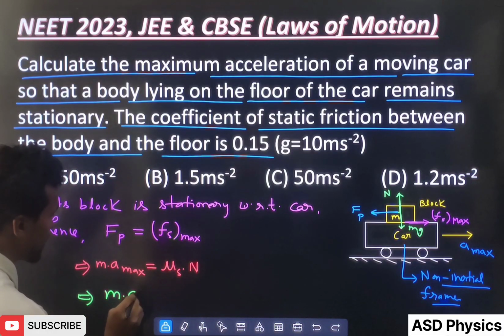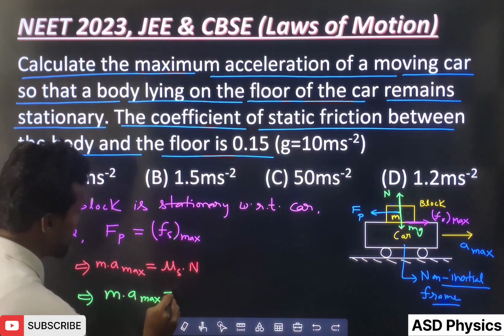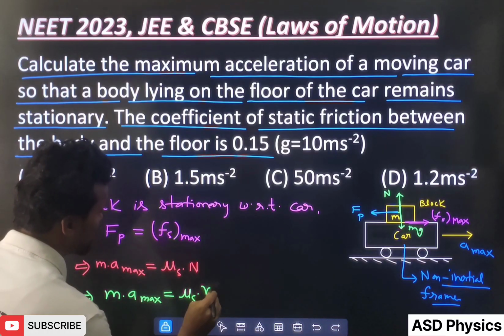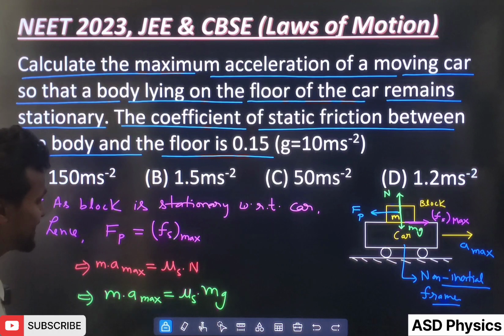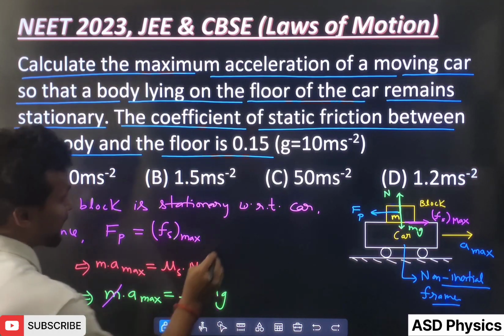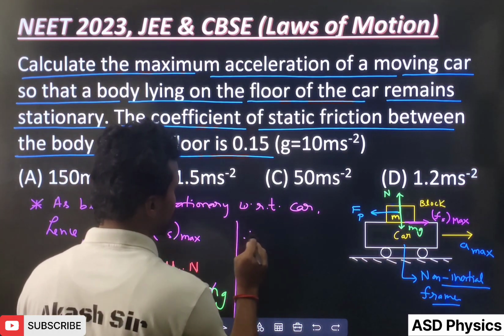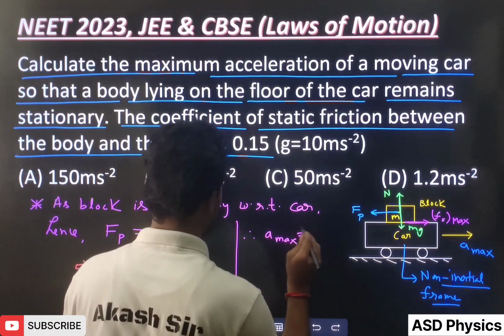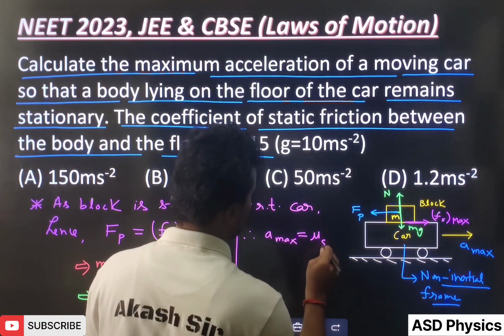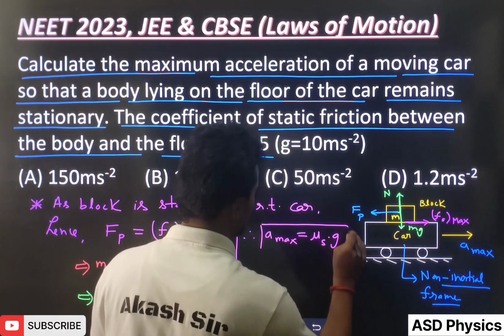So we can write, very basic, m into A max equals mu s into normal reaction, which is mg. Now the m and m cancel. So from here the maximum acceleration A max will be mu s into g. This is the formula.